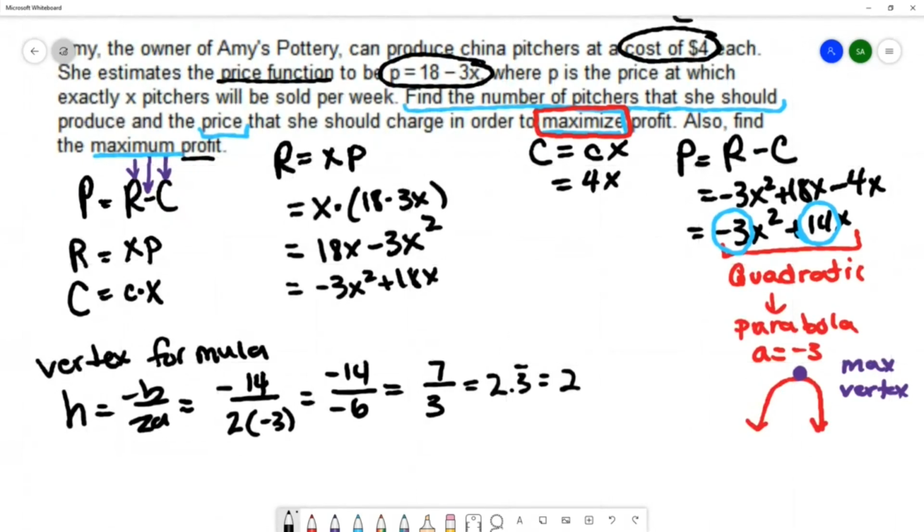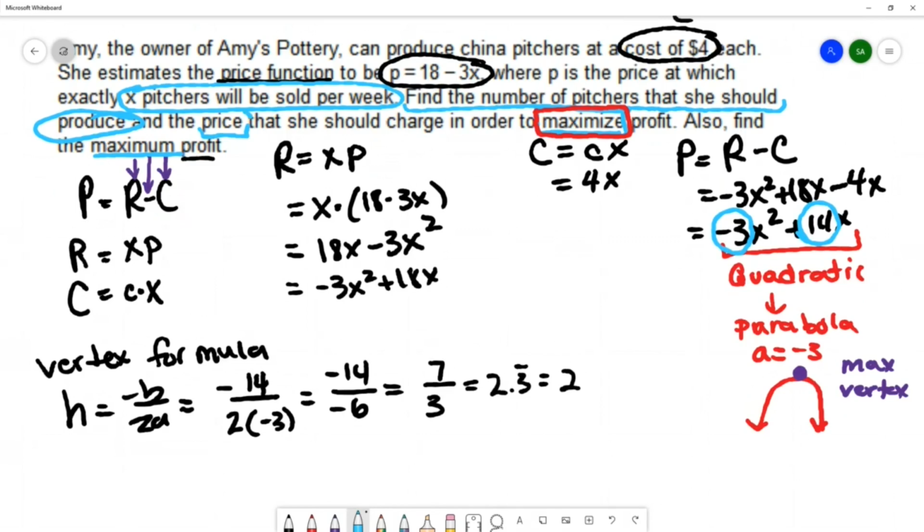And that's going to give us x. So x is the number of pictures sold per week, which is also how many pictures she should produce.